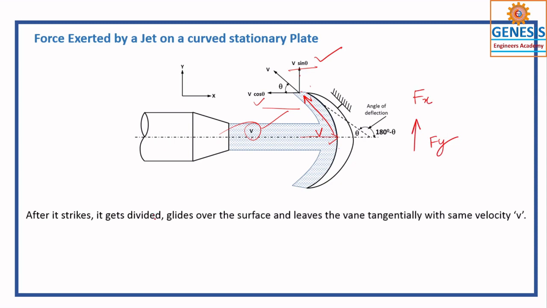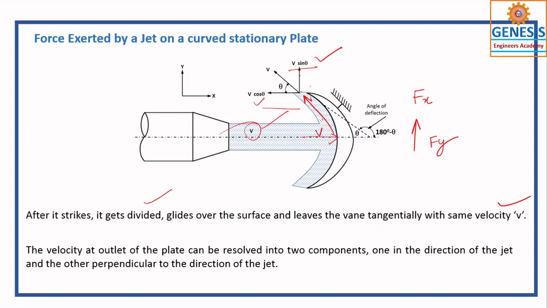After it strikes, it gets divided and glides over the surface and leaves the vane tangentially with the same velocity. This is the ideal condition, thinking that there is no friction over the surface of the plate.